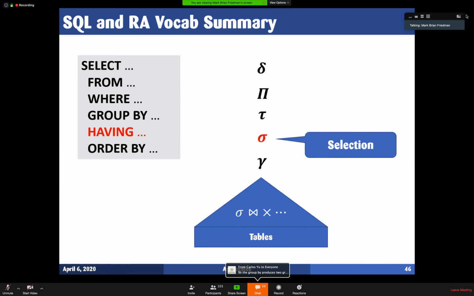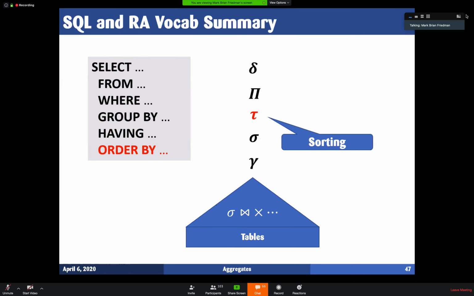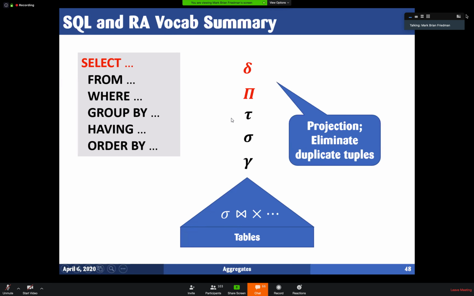The next thing is the having selection, the selection on the groups. Finally, you have something like sorting. The order by would occur when you finally have a result set. Then you get the projection, and you could even eliminate duplicates with a keyword like distinct. That's the order in which these things occur. And that order matters for how logically your query is going to be processed.